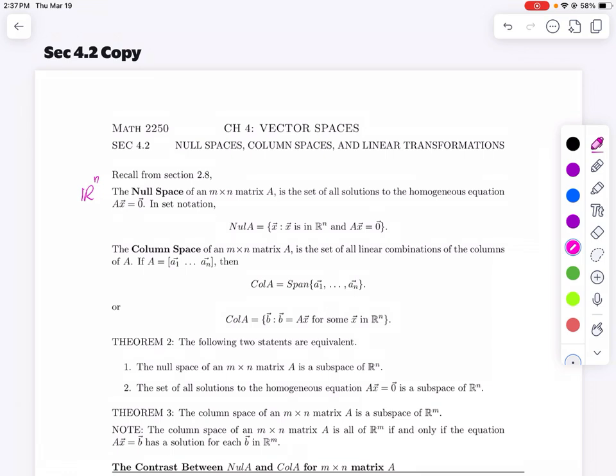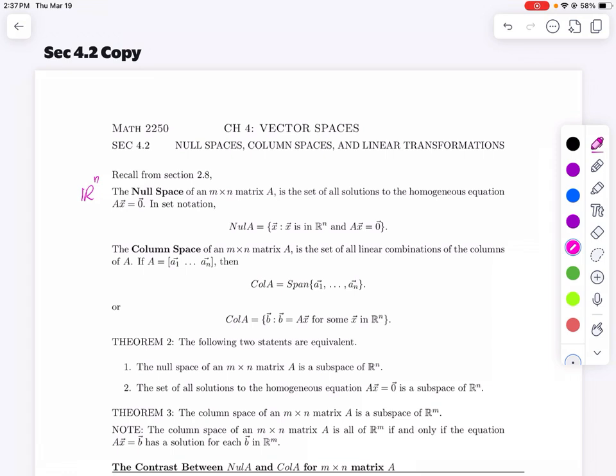So just to review the definitions, these null spaces and column spaces are connected to matrices. If we have an M by N matrix A, the null space of A is the set of all solutions to the homogeneous equation Ax equals 0.